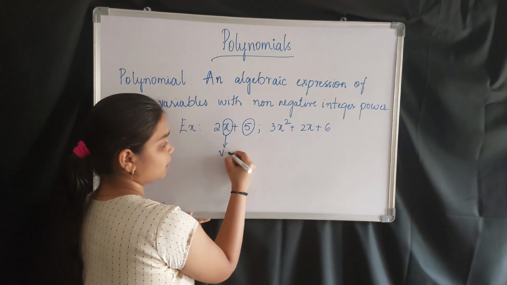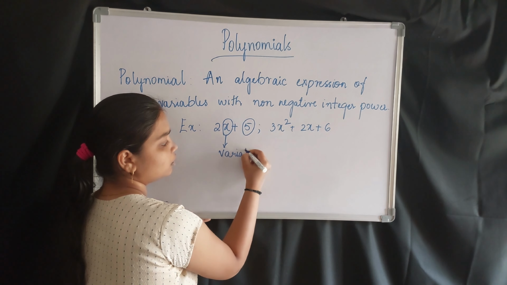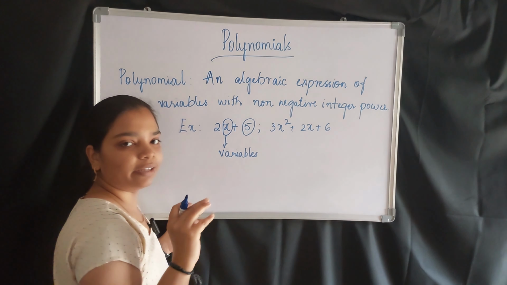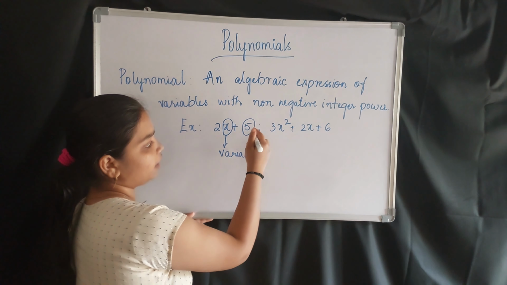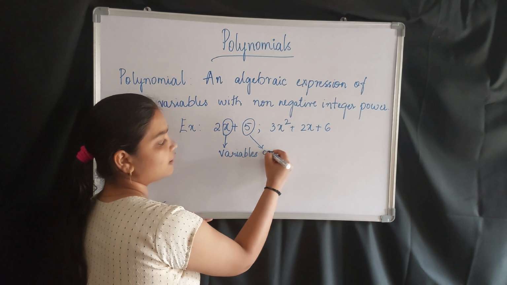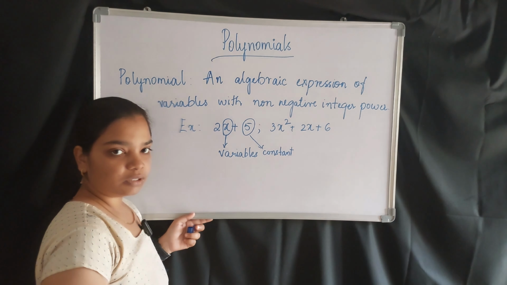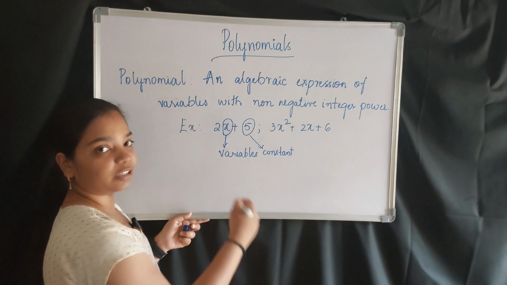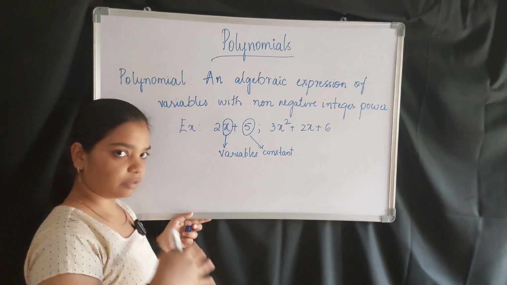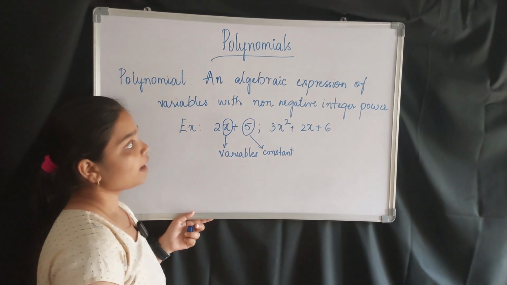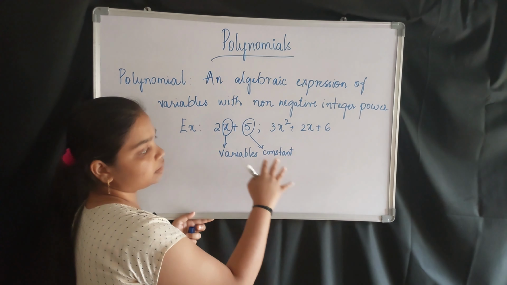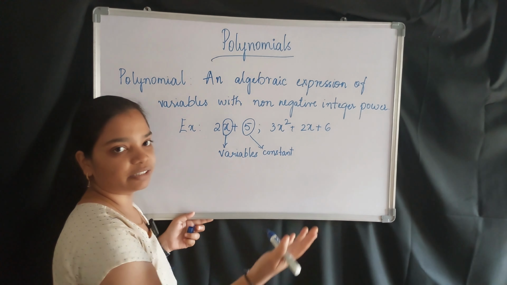So variables are the ones whose values are not constant, not defined, it can change, and constants are the ones whose values are predefined and cannot be changed. So an algebraic expression contains both a variable and a constant, and here it is said to be a polynomial because it has different terms.